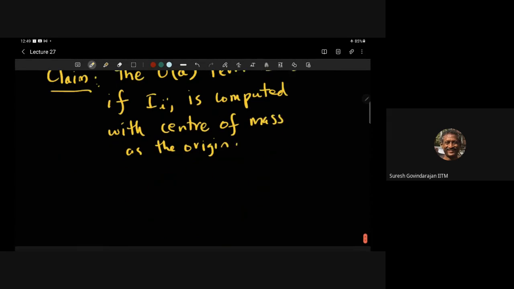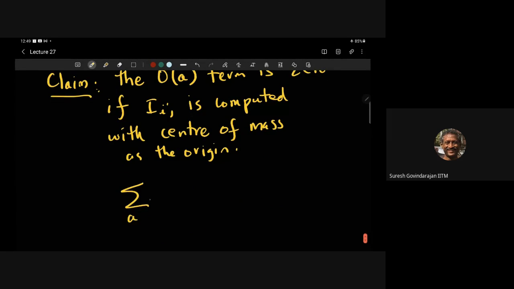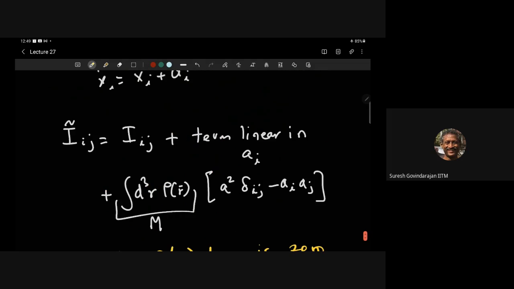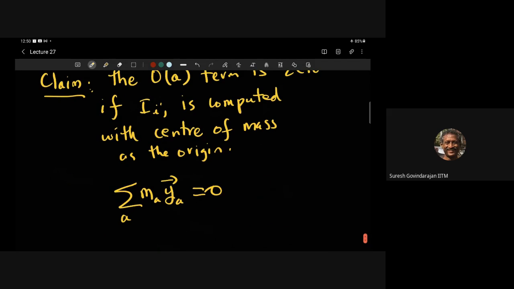If you go back and look at last lecture, we had this identity. If it's a linear term in a_i, then the other term will have the coordinates y_i, and a_i is some constant vector. So it's really a consequence of this.